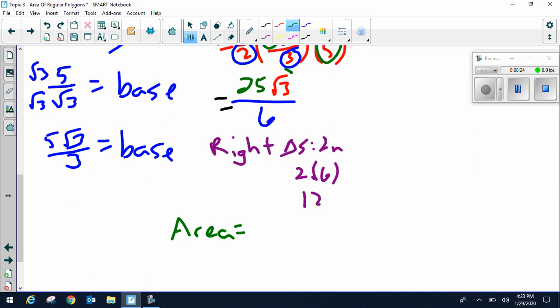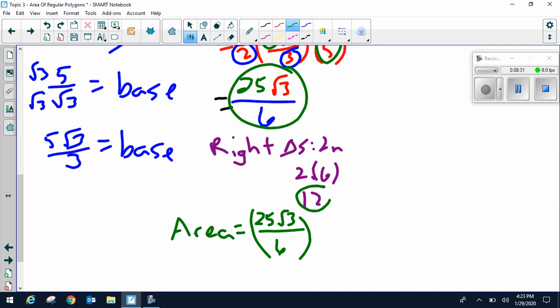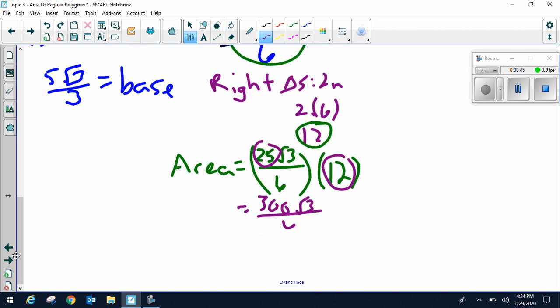It is this times this. And when you multiply that, only this and this are going to get multiplied. So 25 times 12 gives you 300. And then 300 divided by 6 gives you an area of 50 square root 3.